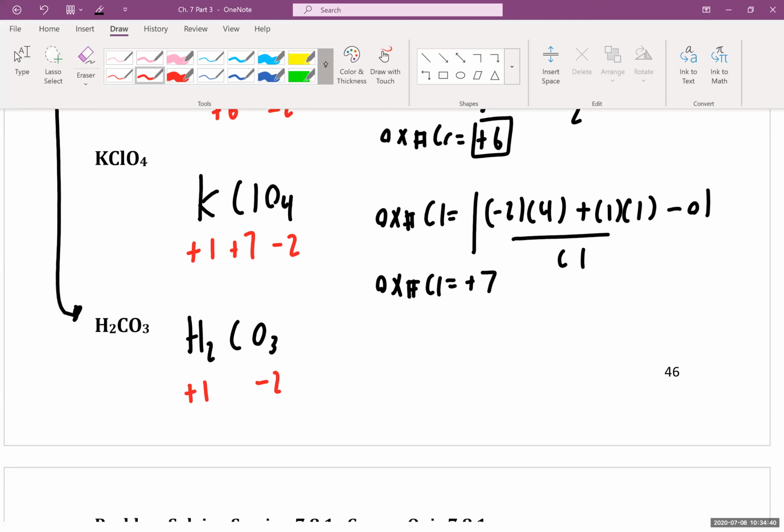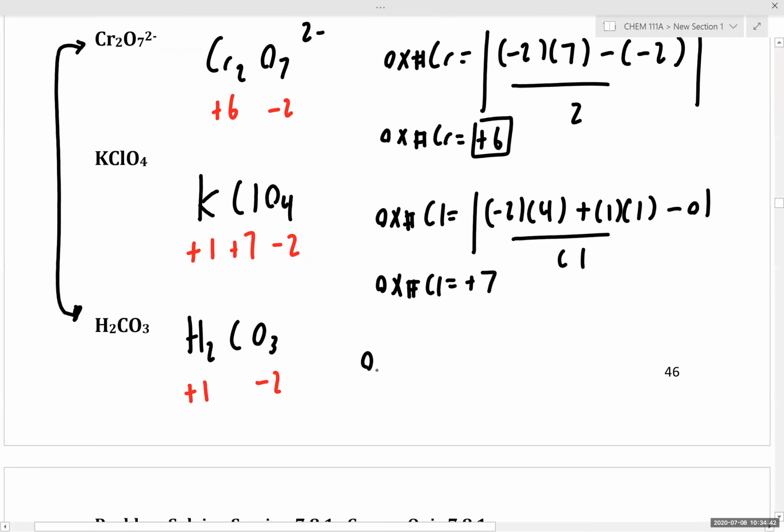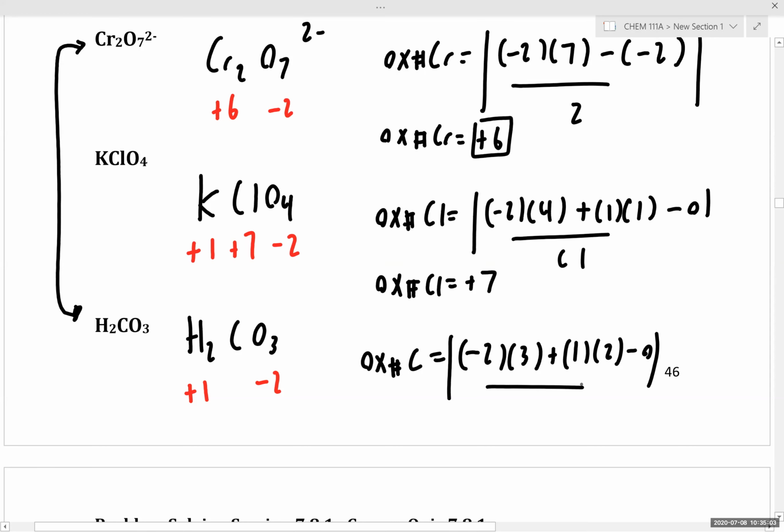Okay, so then we can solve for the oxidation number of carbon by taking the oxidation number of oxygen times the number of oxygen atoms plus the oxidation number of hydrogen times the number of hydrogen atoms minus the total charge over the number of carbon atoms. And that in turn gives us an oxidation number of carbon of +4.